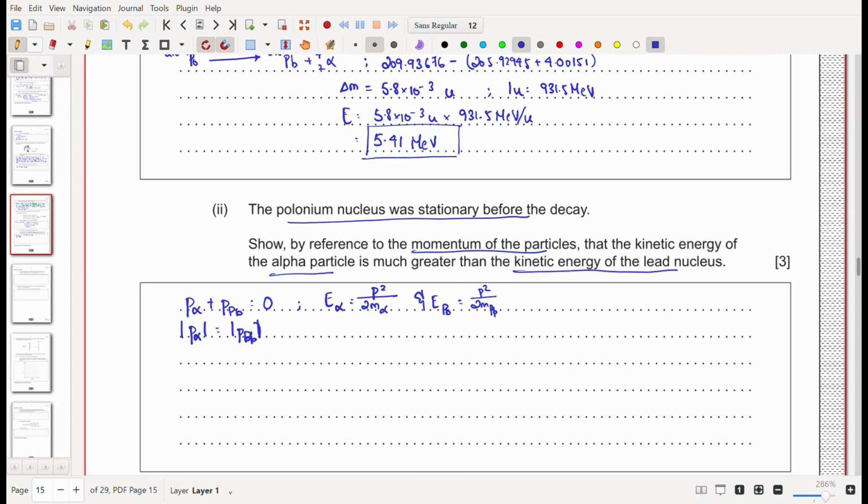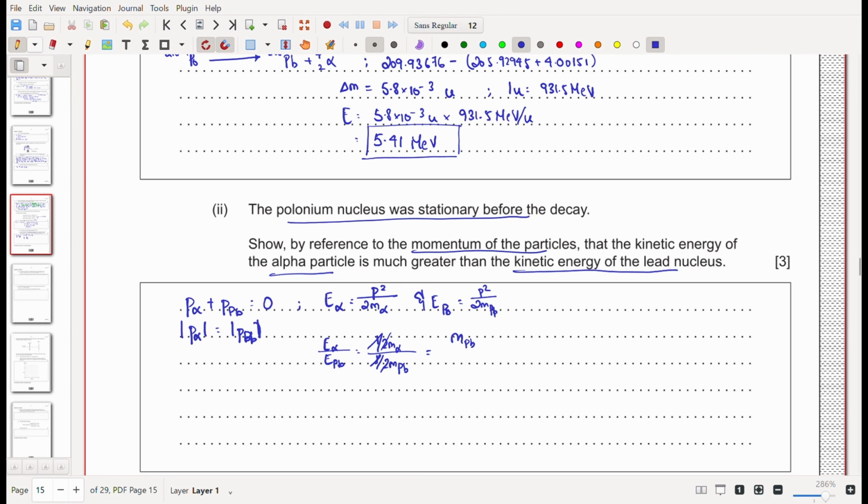So that means the ratio of E alpha to E lead is equal to 1 by 2m alpha divided by 1 by 2m lead. Cancelling this out, we get 2m lead. Let's cancel out the 2 as well.